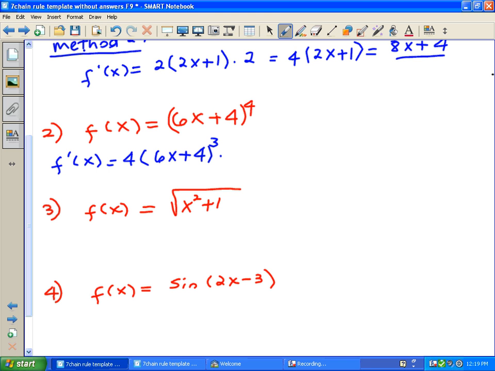Subtracting 1 from the power, leaving the inside the same. And now multiply everything by the derivative of the inside, which is 6. If you simplify these, 6 times 4 is 24. And then we can write the rest.